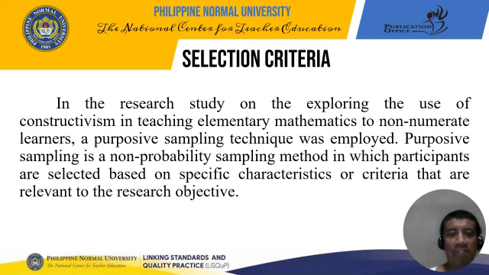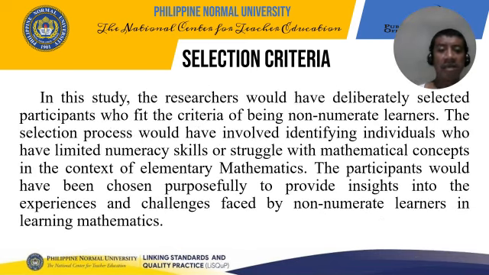It is said that purposive sampling is a non-probability sampling method in which participants are selected based on specific characteristics or criteria that are relevant to the research objectives. In this study, the researcher would have deliberately selected participants who fit the criteria of being non-numerate learners.